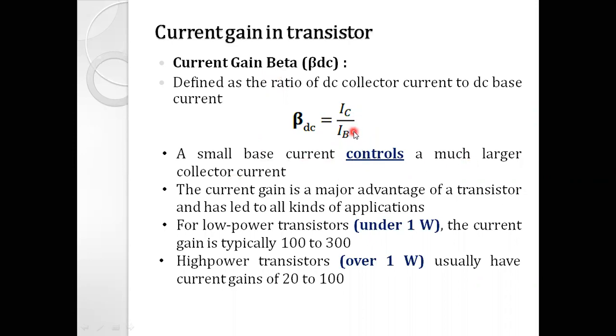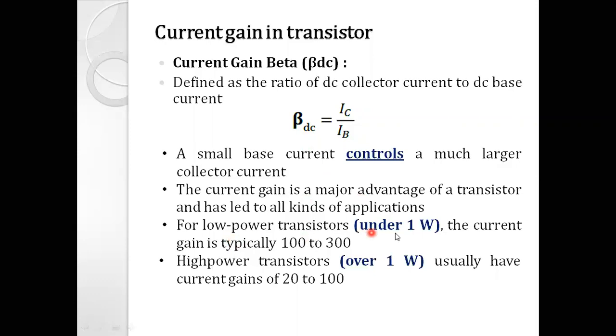We know that the magnitude of the base current is very small compared to IC. The current gain is the major advantage of the transistor and has led to all kinds of applications. This gain is responsible for the transistor being used as an amplifier.